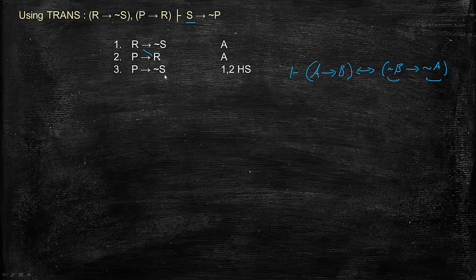Now, if you treat P as A and not S as B, then when you essentially flip them, you're going to get if not not S, then not P, right? So that's what you've got to write. So just be careful, do your bookkeeping.